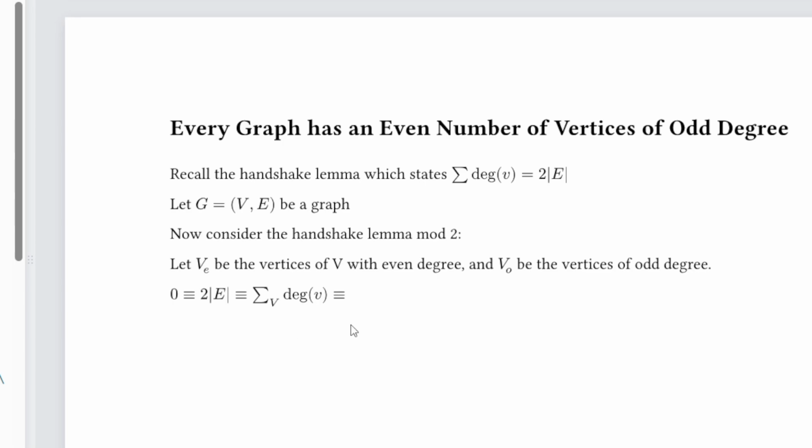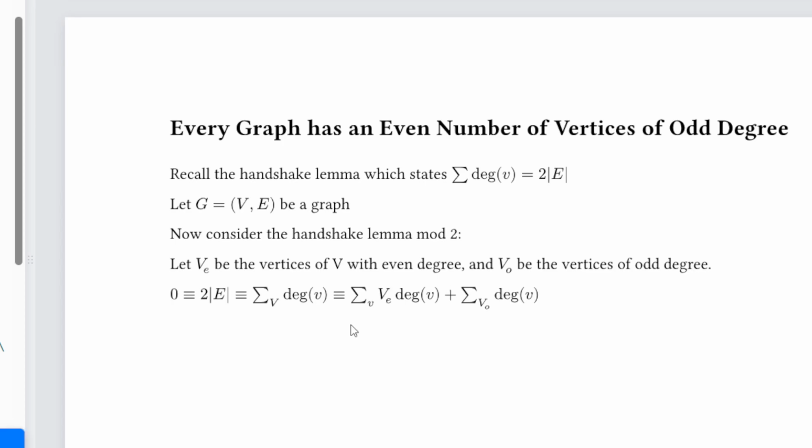Okay? Now here we can split up the sum into the sum over V_E of the degree of v plus the sum over v in V_O, so the odd degree vertices, and this is somewhat clearly equivalent.